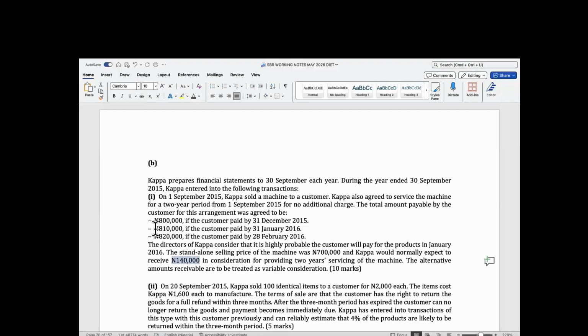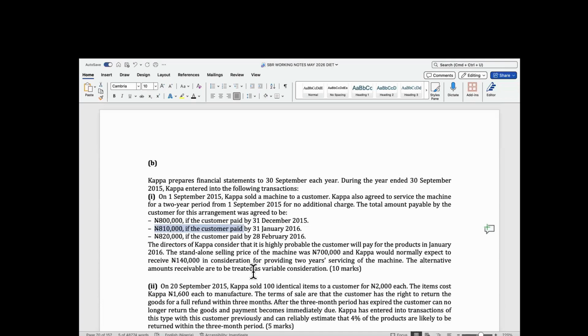Therefore, we will need to allocate this 810,000 between the machine and the service. So we need to share this 810 based on their standalone selling prices.